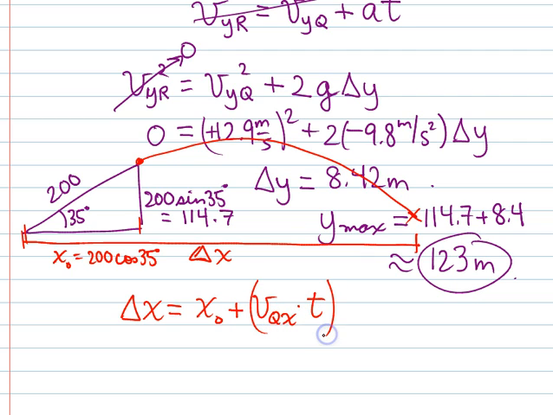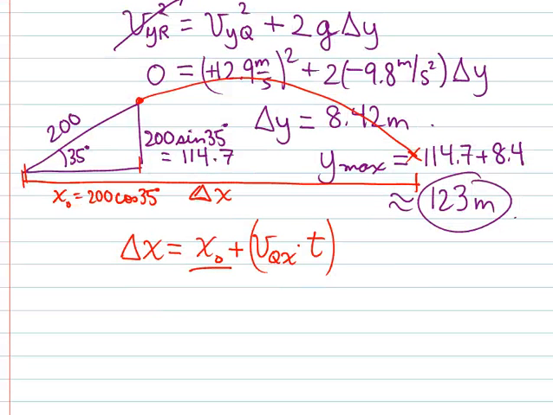The second term represents the motion forward based off of our horizontal velocity. The first term is just the x length of the ramp. We already know that VQX is 18.3. What we don't know is the time.